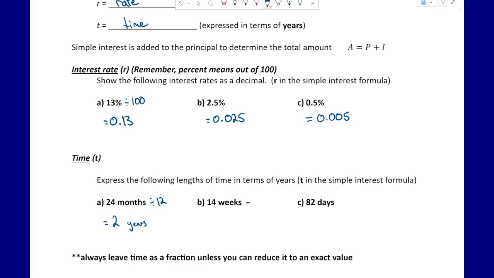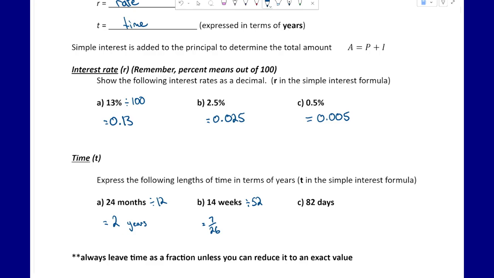14 weeks divided by 52 weeks in a year gives us, bring up my calculator, 14 divided by 52, this works out to 7/26. That's just a reduced form, and we want to leave it as a fraction unless we can reduce it to an exact value.